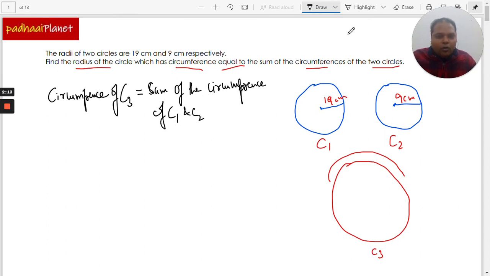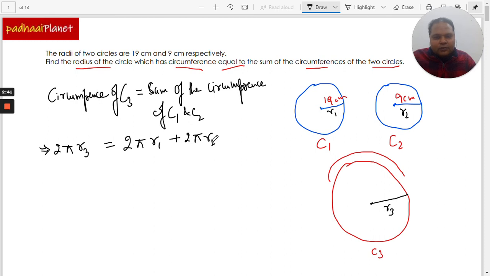Or if I consider the radius of this circle as R3, and suppose this is R1 and this is R2, then I can also write that 2 pi R3 is equal to 2 pi R1 plus 2 pi R2.